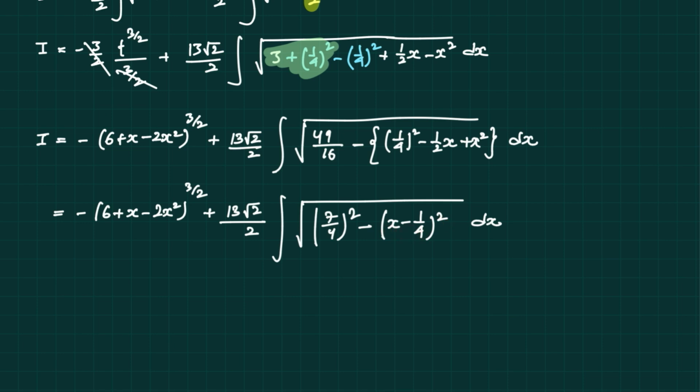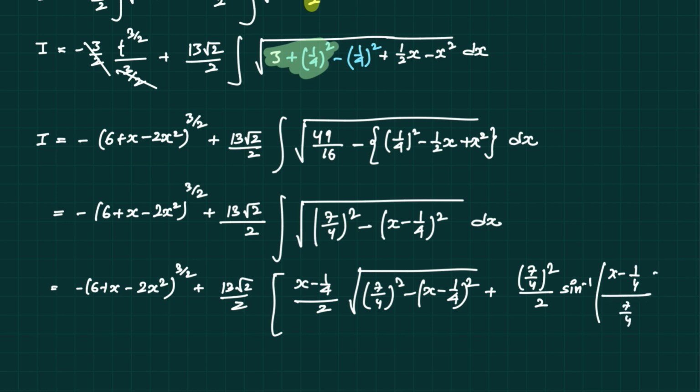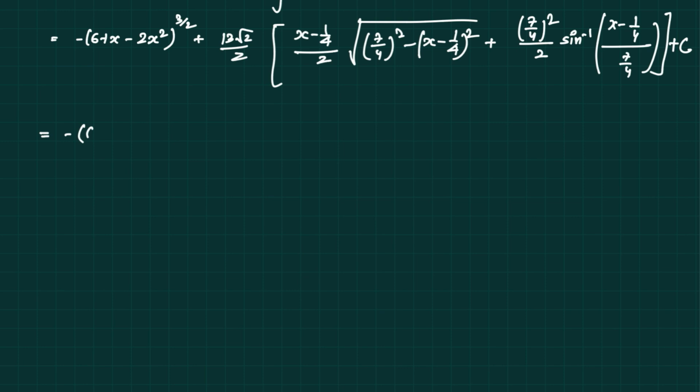So using the formula for the second part, we will have x by 2, that is (x minus 1 by 4) by 2 square root of a square minus x square, plus a square by 2 sine inverse of x by a, plus c, equals minus (6 plus x minus 2x square) whole to the power 3 by 2 plus 13 root 2 by 2.